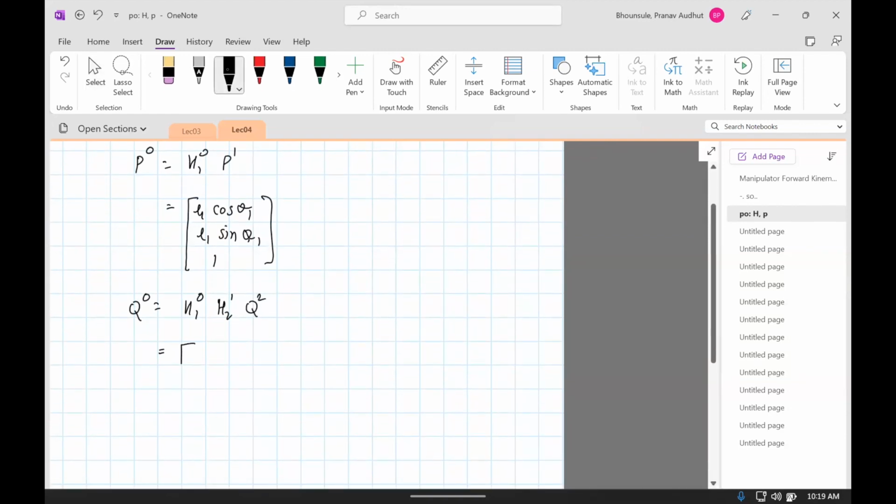When you do this multiplication, you'll get plus L2 cosine theta 1 plus theta 2, and then the 1.